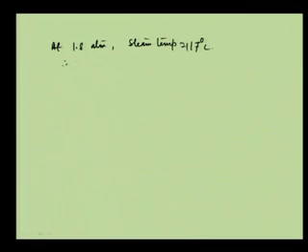Once I know this enthalpy, at 1.8 bar, so atmosphere pressure, the saturated steam temperature is equal to 117 degree centigrade, and the heat of condensation equals 2210 kilojoule per kg.